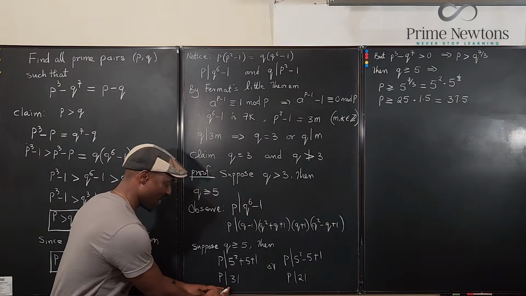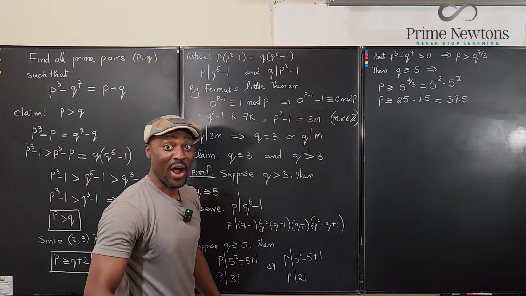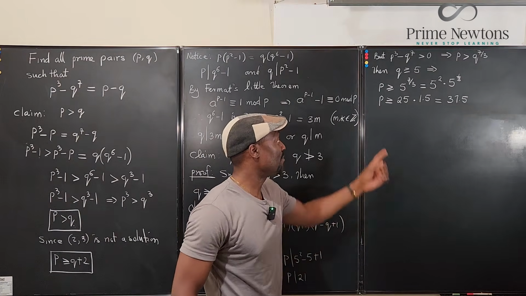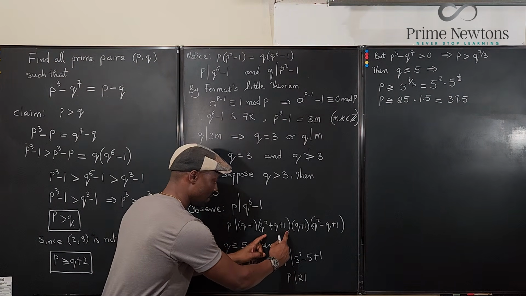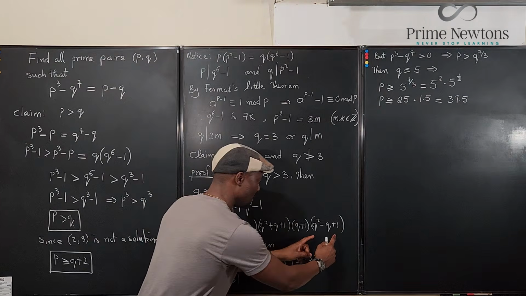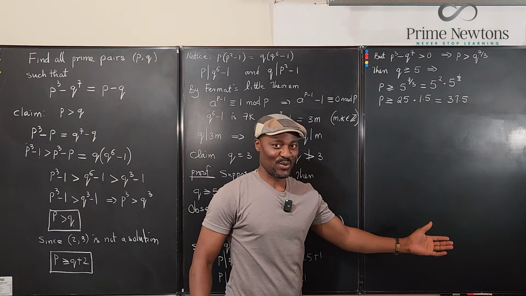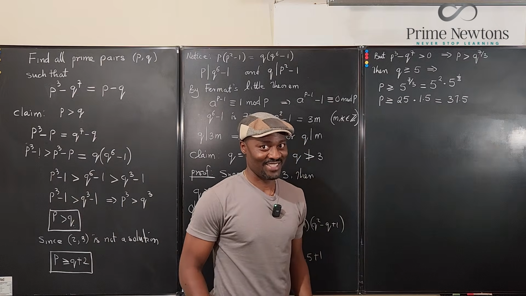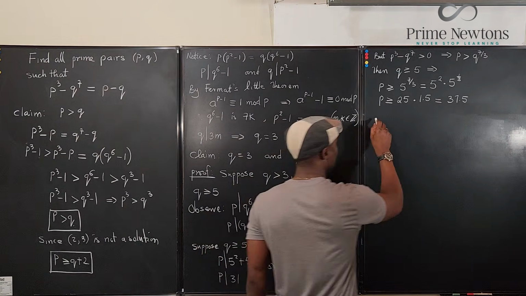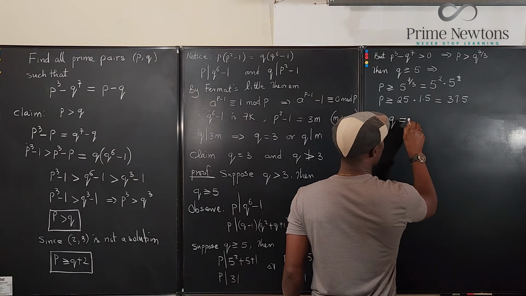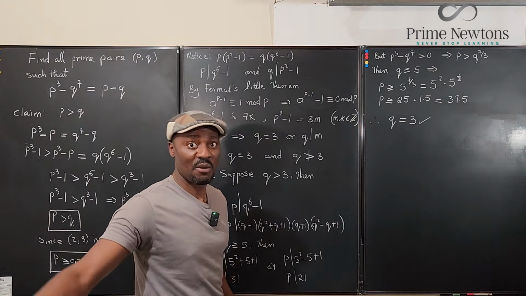So p cannot divide a number that it is greater than in either case. So I just showed you that it's impossible for p to divide this or this if q is greater than or equal to 5. But if it is not, then it will divide one of these numbers. Therefore, q equals 3. That is it. It cannot be 2, it cannot be 5, or any number greater than 5.